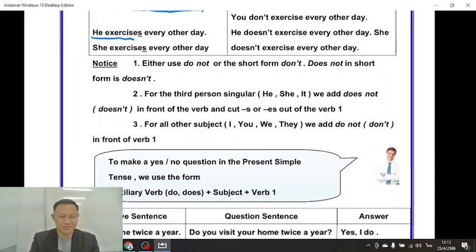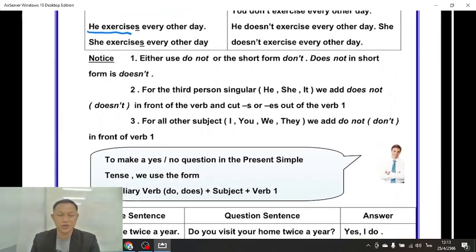Notice, we use do not or the short form don't, does not or the short form doesn't. 2.